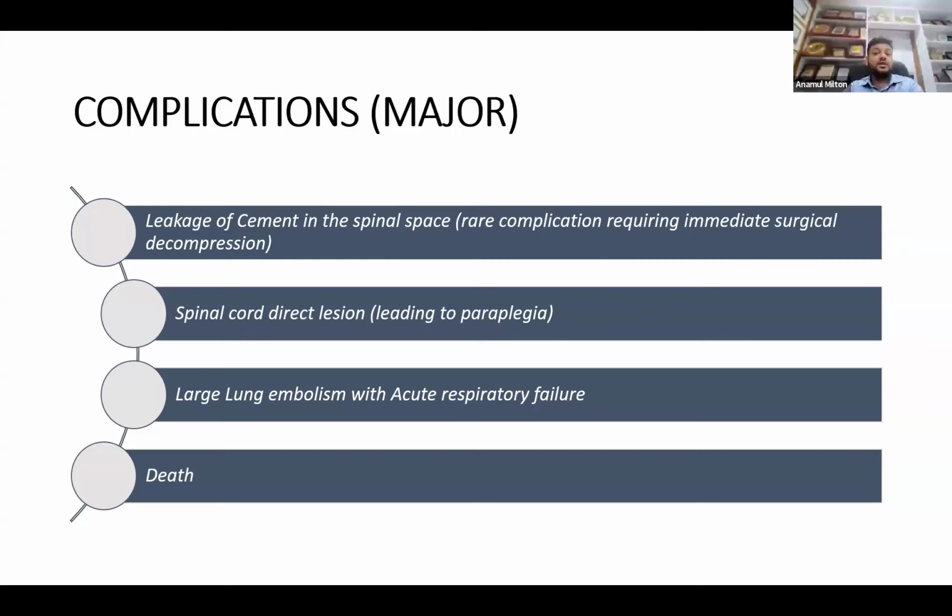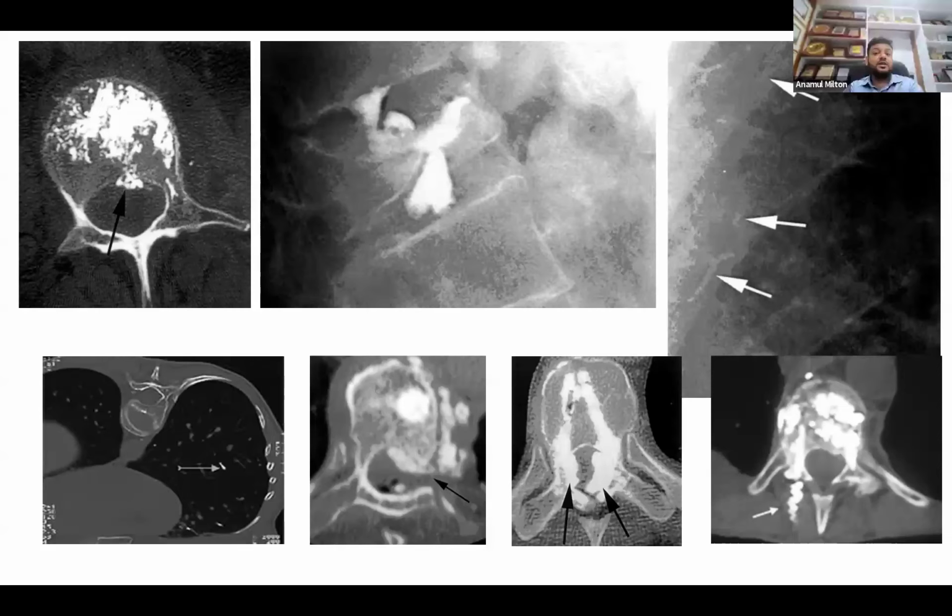So always discuss with the patient party what may happen, but most of the time major complications happen less than 1% of the time, and it's a very rewarding procedure when you do these things.